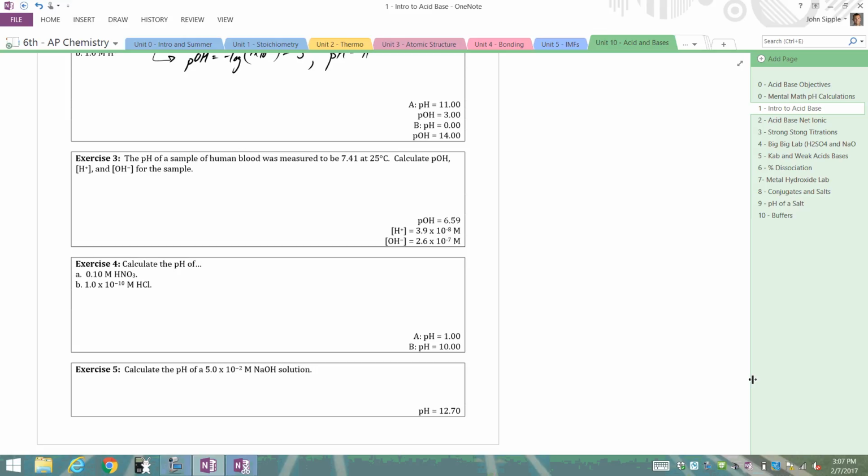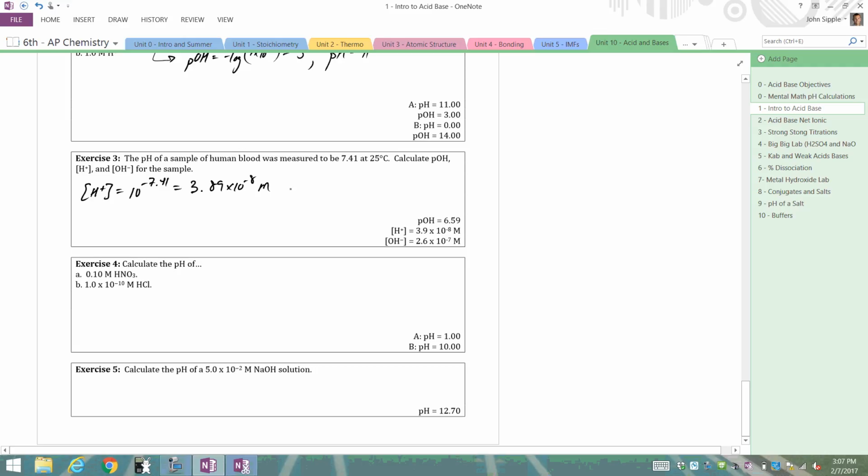So they tell us pH of human blood is 7.41. Okay, pH, pOH, all that sort of stuff. So concentration of H plus in this case is equal to 10 to the negative 7.41, and that's equal to 3.89 times 10 to the minus 8 molar.